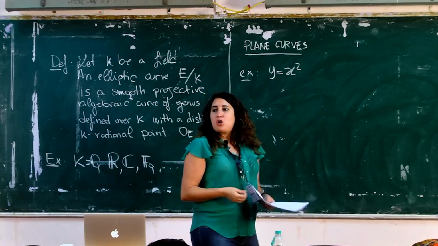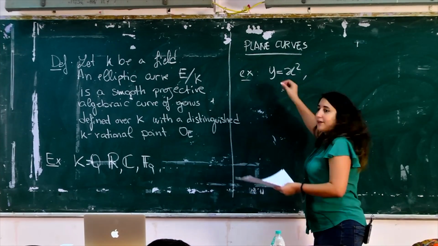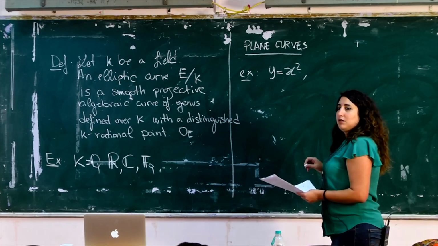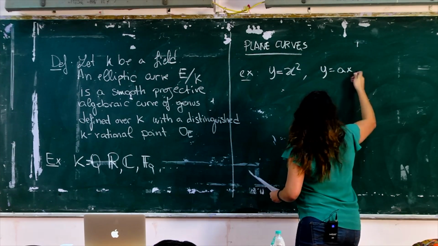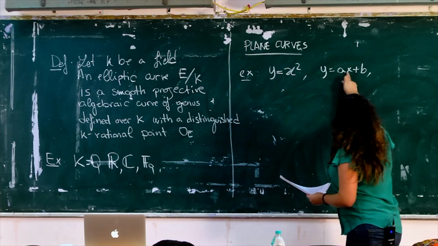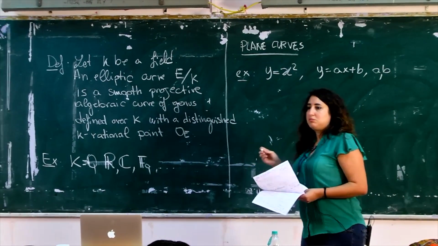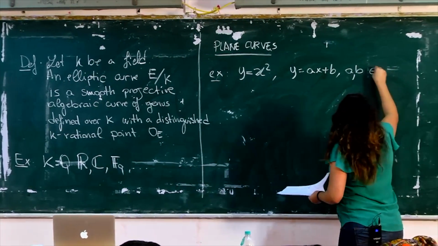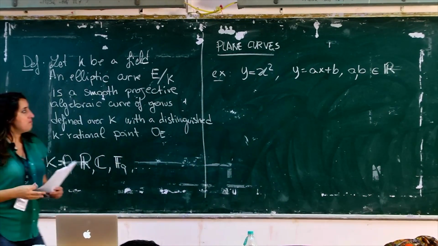Okay, another example? Yeah, a straight line, how do you define this? Okay, and normally we take, where do we take these coefficients? Over R if we're working with real numbers, okay?